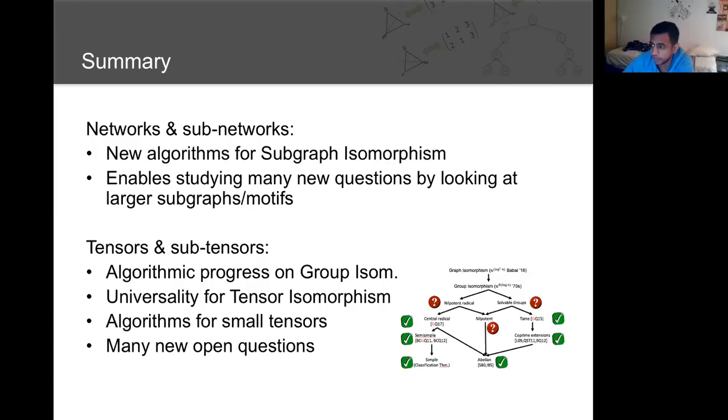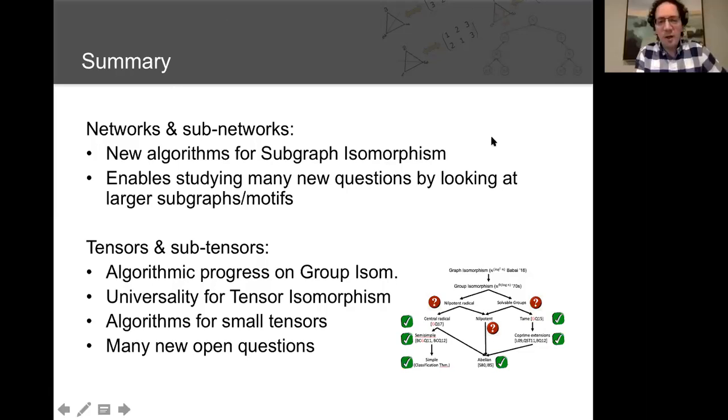And then, sorry, what was the second half of your question? In terms of direct application. If we do find a good algorithm to solve tensor isomorphism, how would it impact the direct application of graph or group isomorphism? Right. So if you find a good algorithm for tensor isomorphism, it would be solving these cases of nilpotent group isomorphism, which we think are the hardest cases. And even in practice, that's a hard problem where people use computer algebra systems.